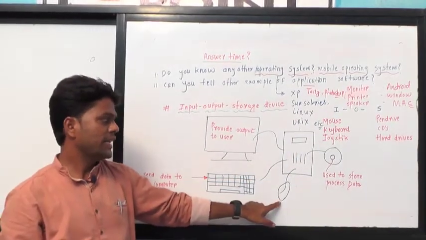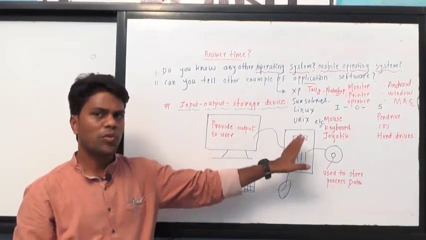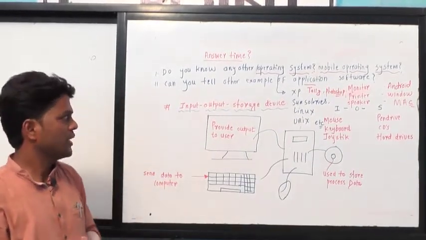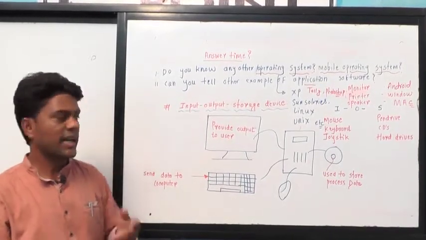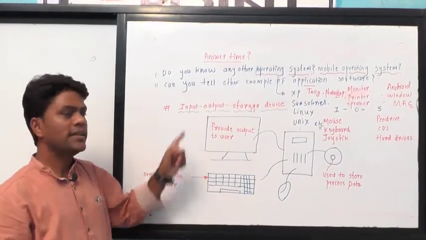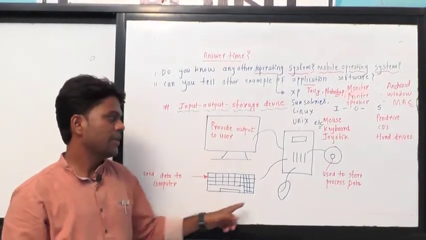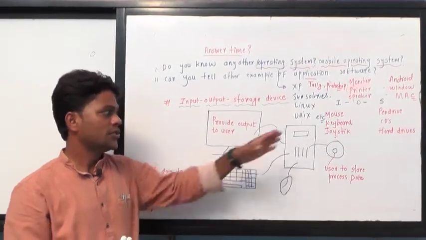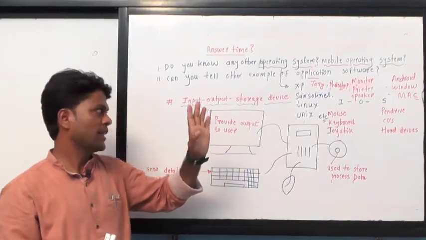Likewise, when we click the mouse button, we also send some information to the processor. So the devices through which we send information or data to the computer system are called input devices. Examples of input devices are keyboard, mouse and joystick.